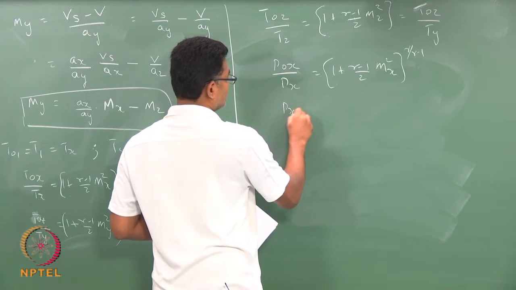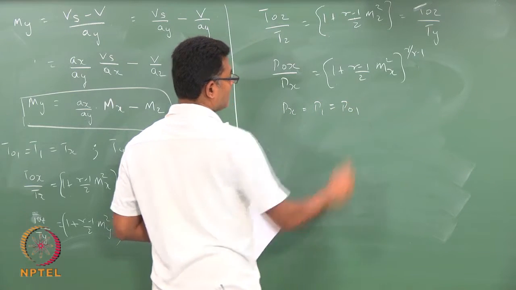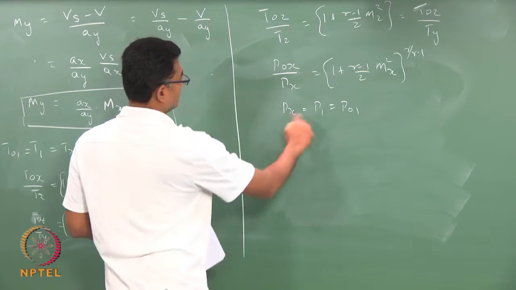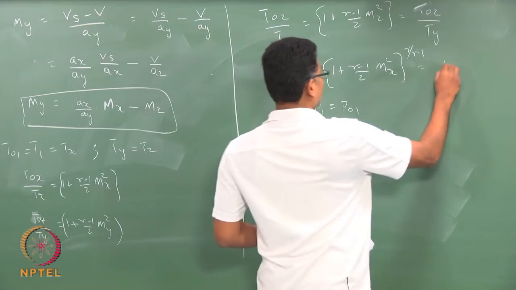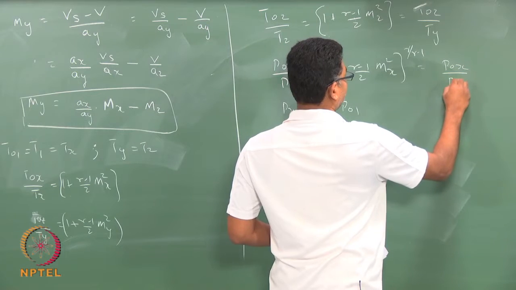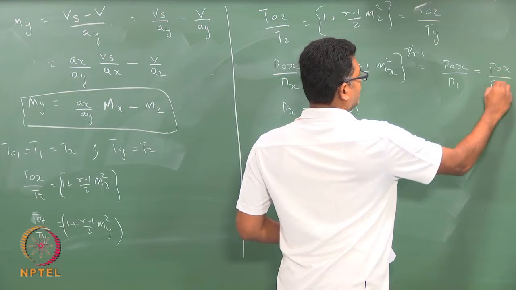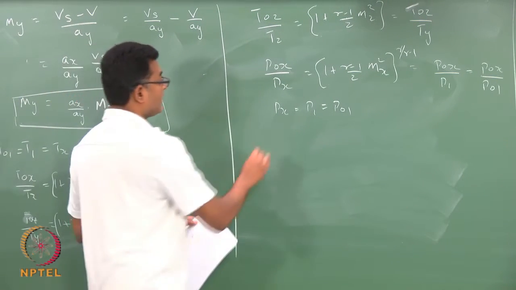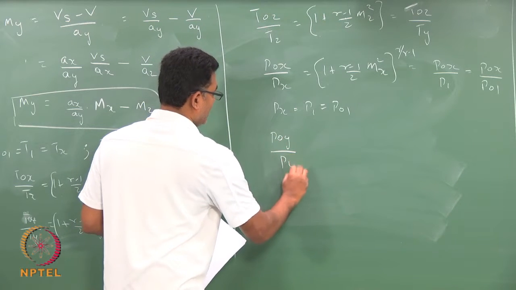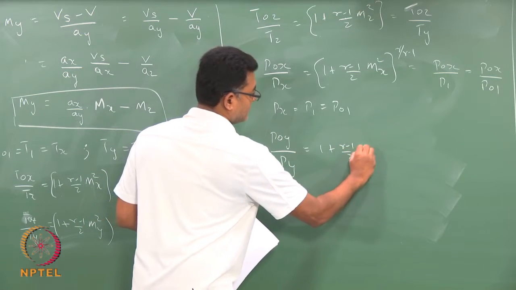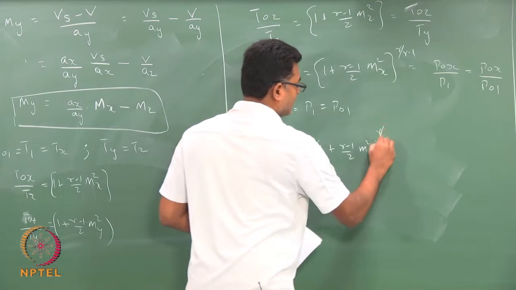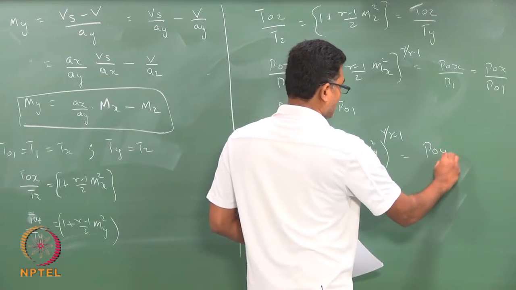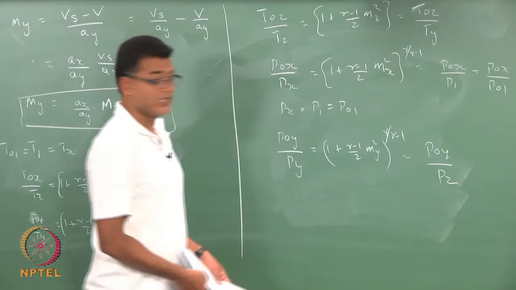Now, we also know Px equals P1 equals P01. So, I can replace this with any one of these quantities, which is equal to P0x by P1, which is equal to P0x by P01. Likewise, P0y by Py is 1 plus gamma minus 1 by 2 My square to the power gamma by gamma minus 1, which is equal to P0y by P2, because the static quantities are same.